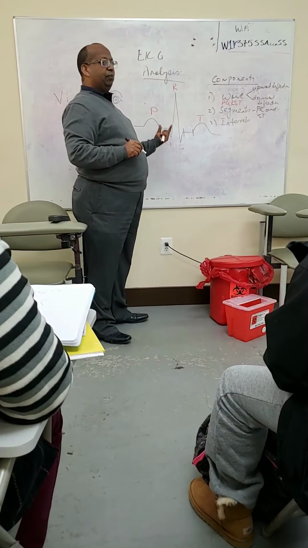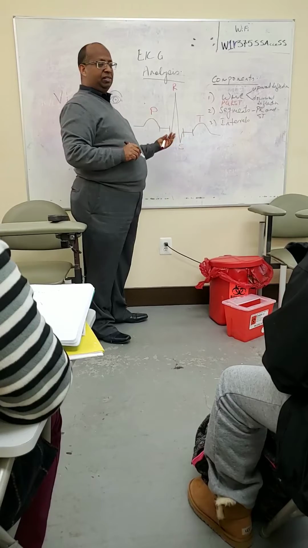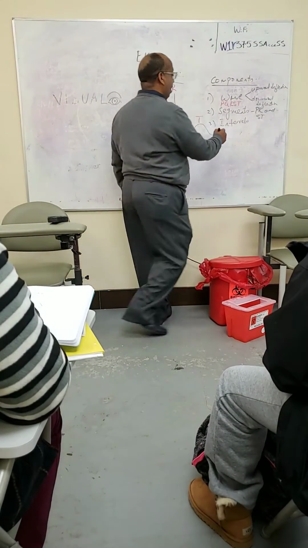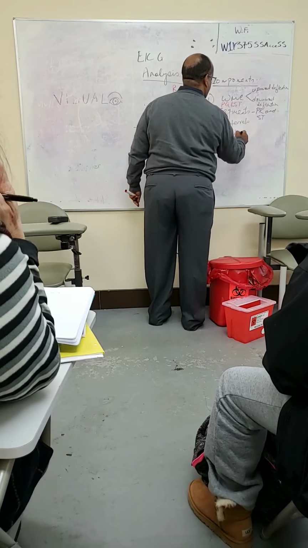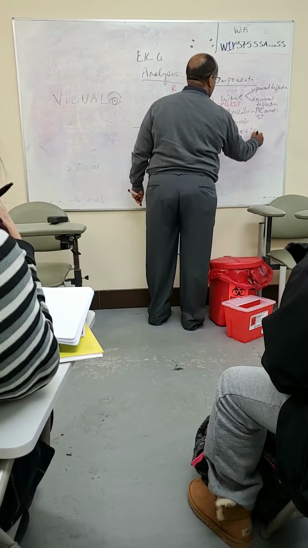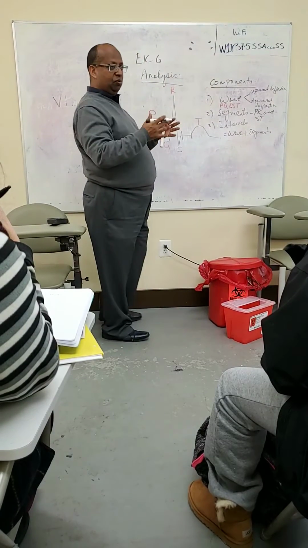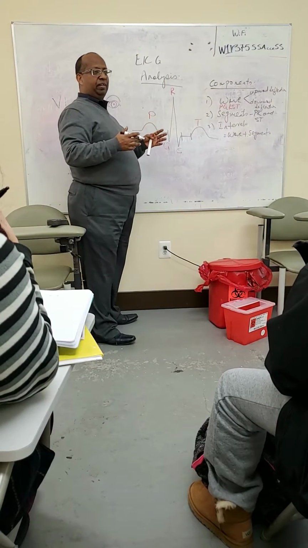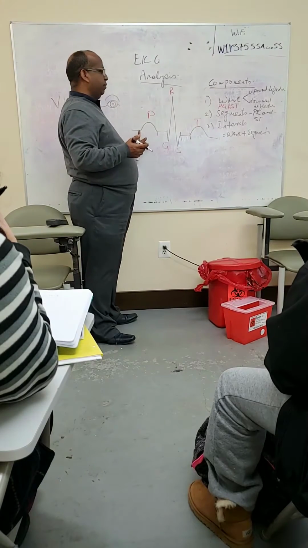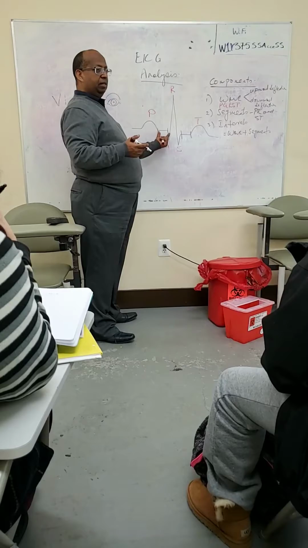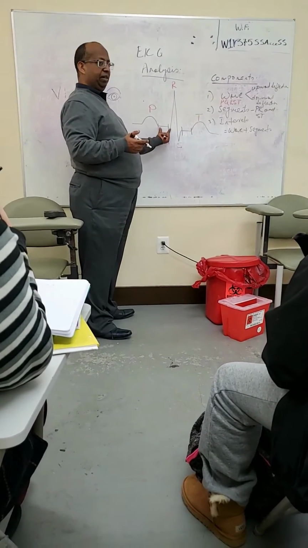Then we have intervals. Now we have waves and segments, yes? Interval is equal to wave plus segment. That means when both of them come together, they are called intervals. So let's say you have a P wave here and you have a PR segment here.